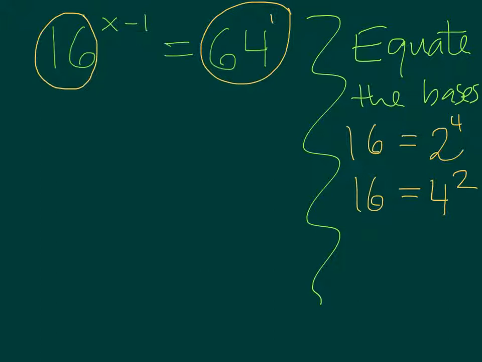Then I look at 64, and 64 can be written as 4 cubed, because 4 times 4 times 4 is 64. I can also write 64 as 2 to the 6th. Because I have these choices, I'm going to choose base 4.